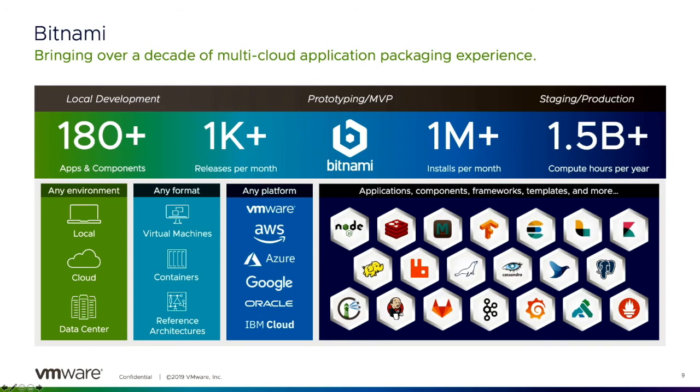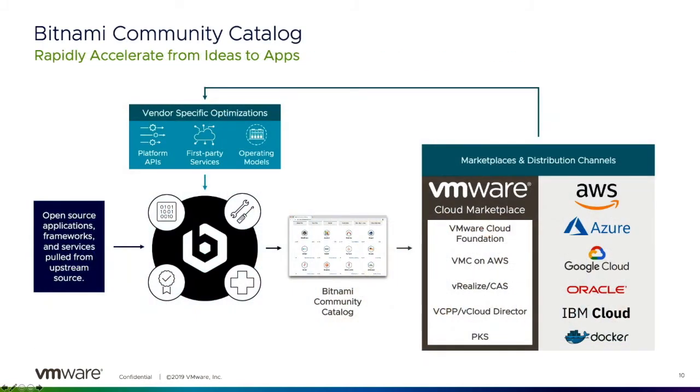So as far as the process goes and what this looks like, the Bitnami team essentially takes open source applications and services from the upstream code, pulls them in, does all kinds of testing to ensure that these applications run on the various platforms, and then publishes them in the Bitnami community catalog.